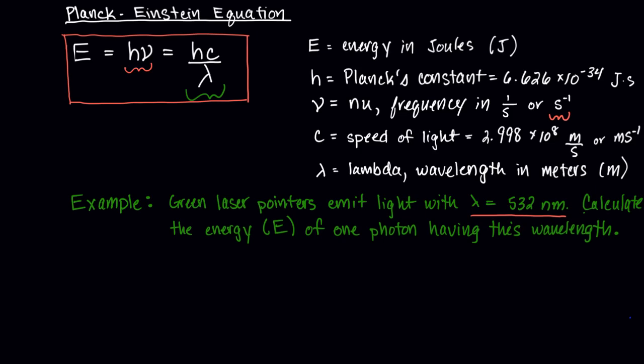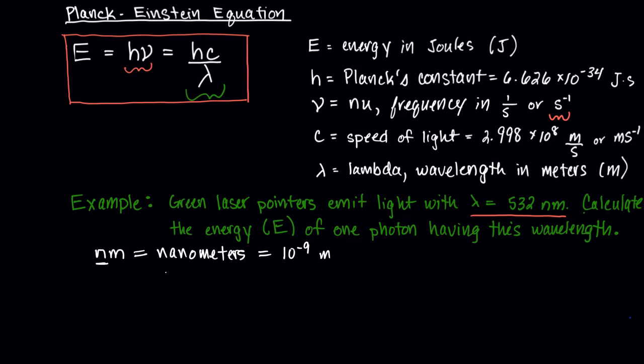So we need to convert 532 nanometers into meters. It's important to know that nano, or the n before the m, is equal to 10 to the minus 9th meters. We can convert nanometers into meters in a couple of ways.